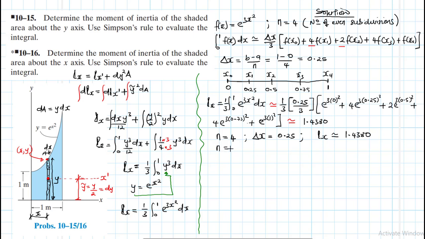So n is equal to 10, and the thickness of my strips was 1 minus 0 divided by 10, which is 0.1. This was the size of the strips.